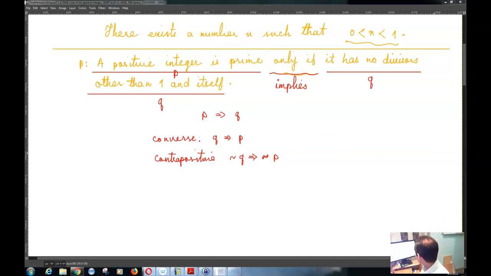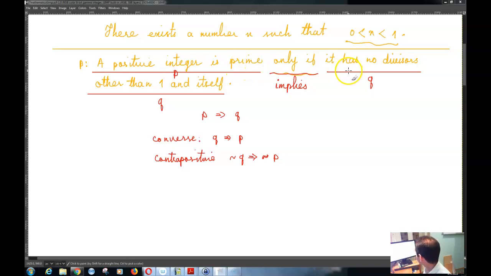So then the statement can be written as: if a positive integer is prime, then it has no divisors other than one and itself. The converse is if a positive integer has no divisors other than one and itself, then it's prime.